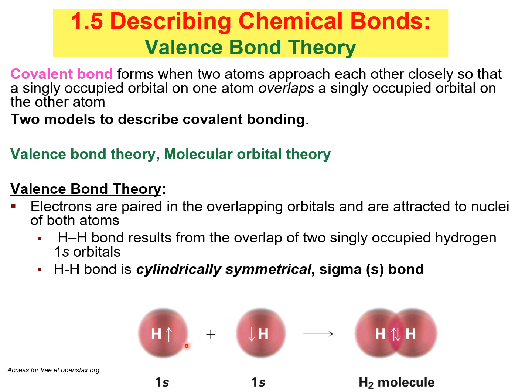They overlap, they both have one unpaired electron, with opposite spins, and they can overlap to form the hydrogen molecule. So basically the requirement for valence bond theory is that the atomic orbitals should be singly filled, that means they should have one unpaired electron, with opposite spins, and they will have a region of overlap to result in the formation of a molecule.